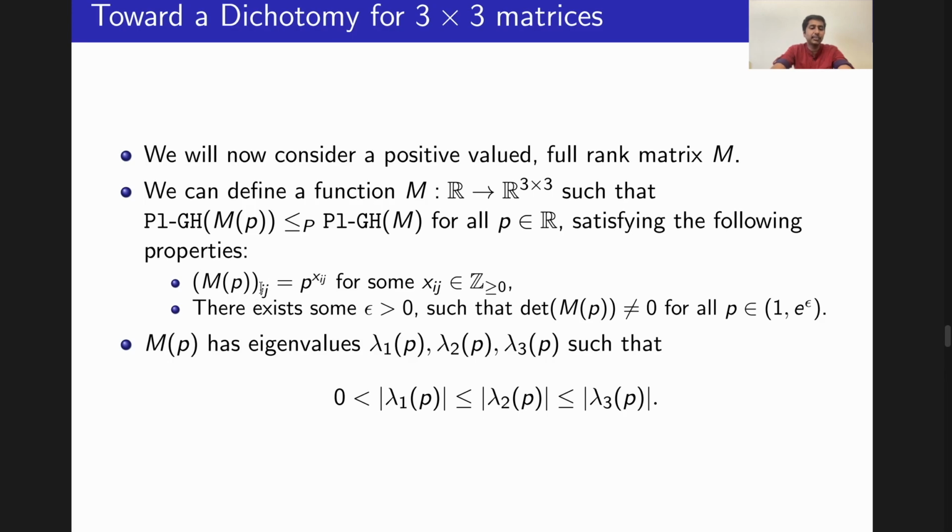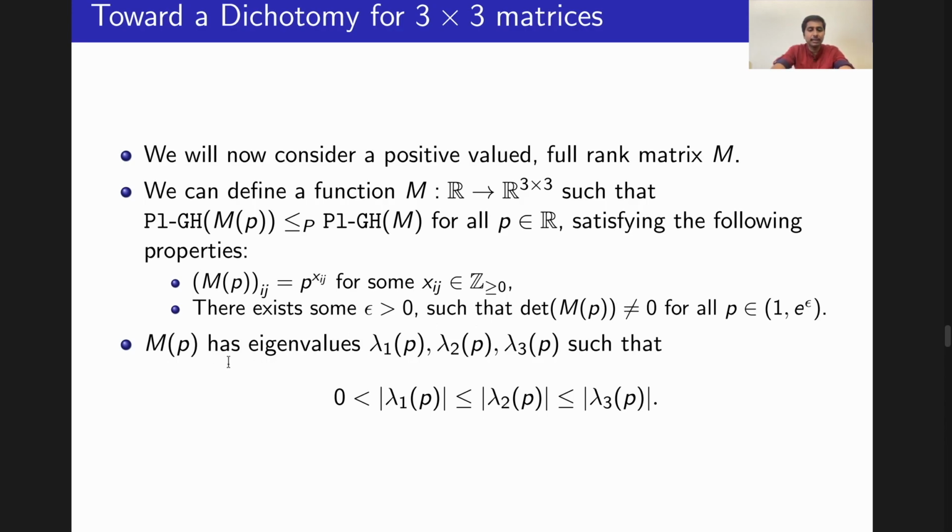The ijth entry of M of P will be equal to P to the xij for some non-negative integer xij. Moreover, there will exist some epsilon which is positive, such that for all P within the interval 1 to e to the power epsilon, the determinant of M of P is not 0.